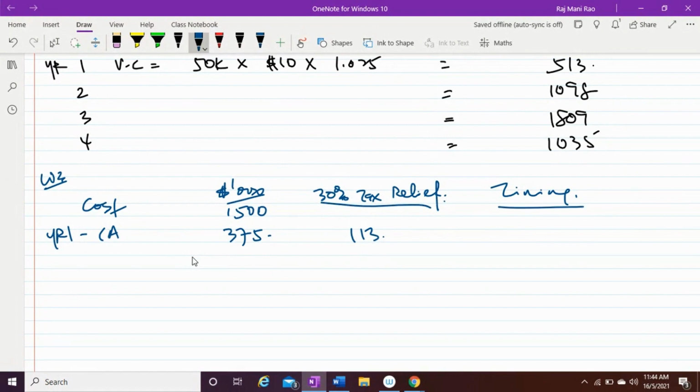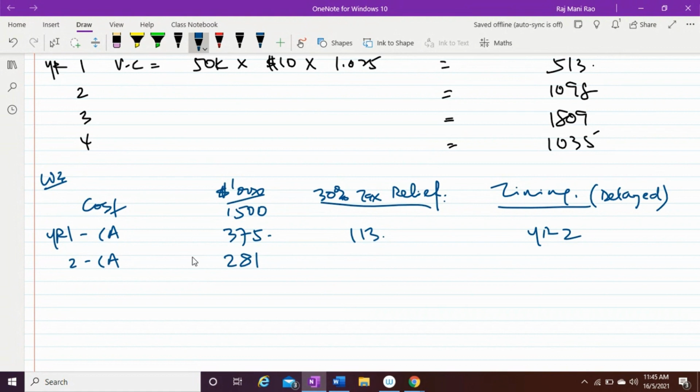And timing will be what? Tax is delayed. So year 2. Year 2 capital allowances, how much? 281.